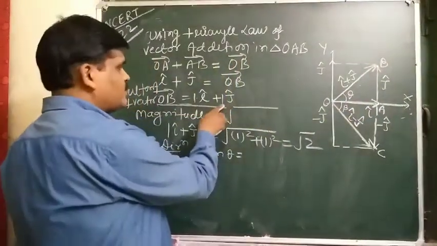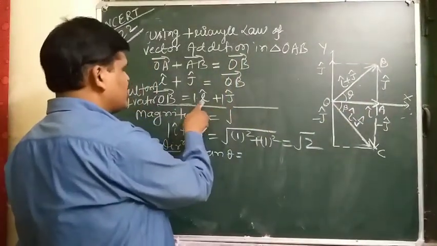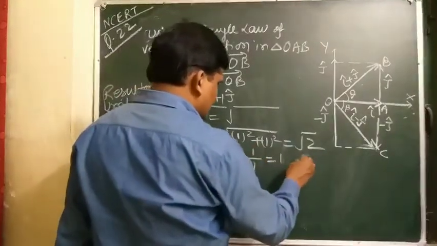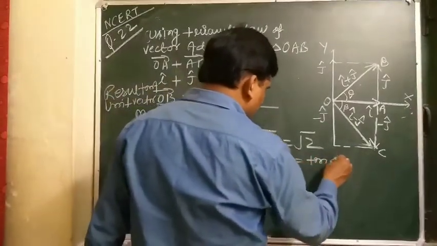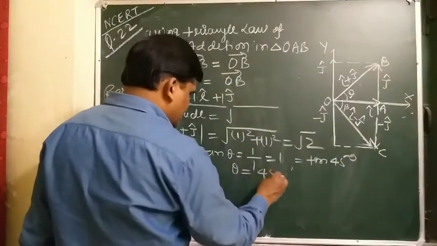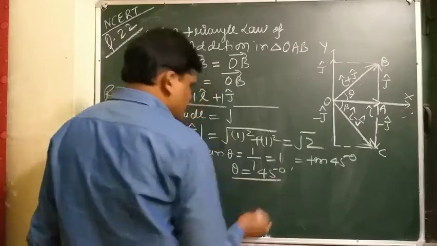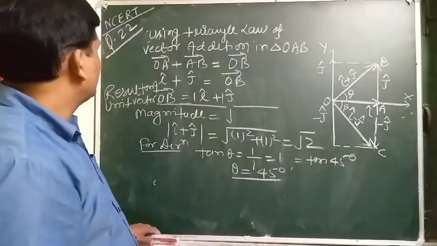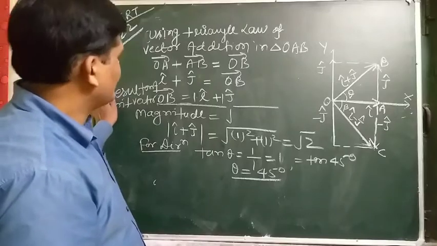The coefficient of j cap is 1, the coefficient of i cap is 1, so 1 by 1 is 1. So theta can be 45. So the direction in this first case comes out to be 45 degree.